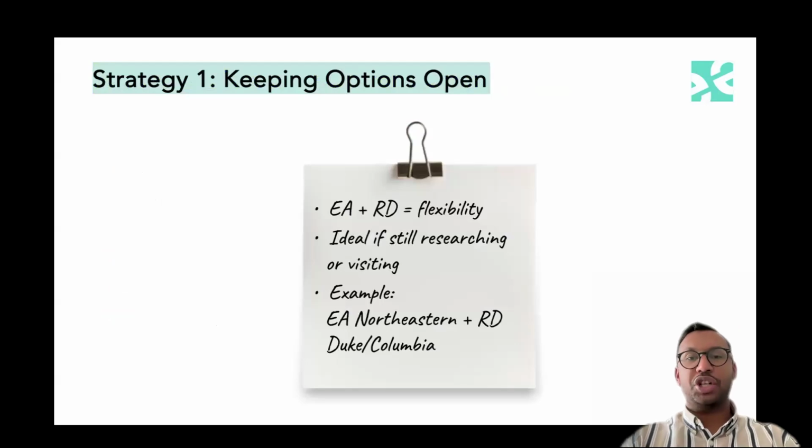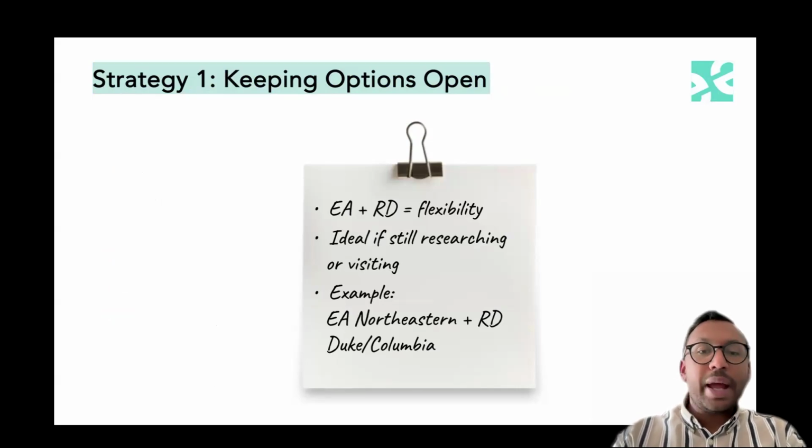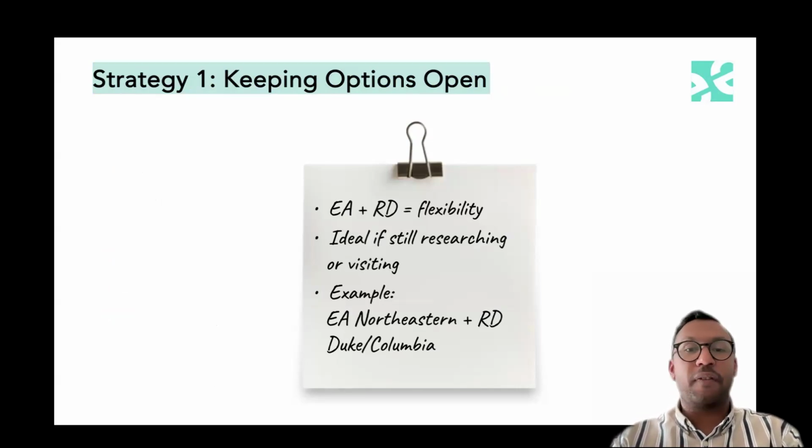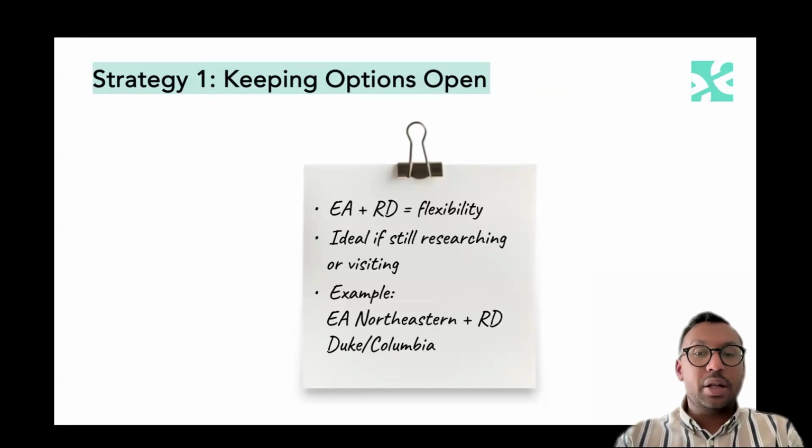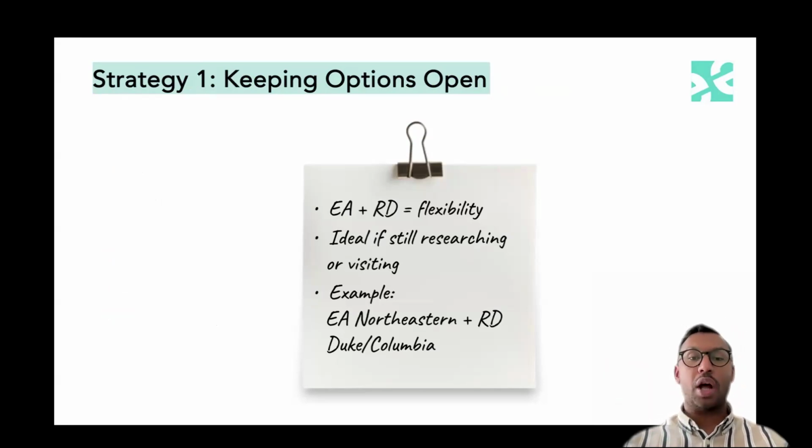So one of the strategies that we could follow is keeping options open. Applying early action and RD gives you flexibility. It's ideal if you're still researching and visiting schools. Perhaps you've not spent a lot of time talking with your child about the various universities that they'd like to apply to. Perhaps they are still exploring different majors and career pathways.